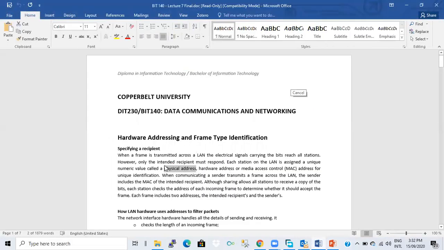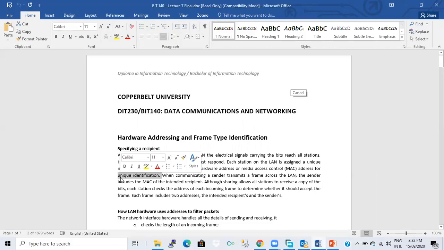Sometimes people refer to this address as a physical address. Some books refer to it as a hardware address, as well as a media access control address. This address is used in data communication for the sake of uniquely identifying a computer or any node that is on a network.